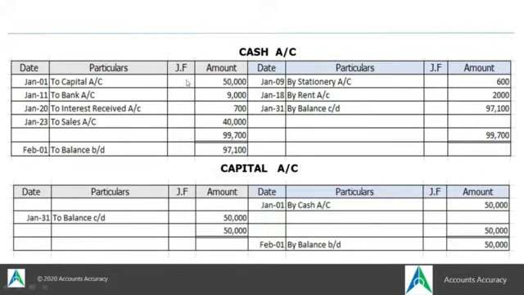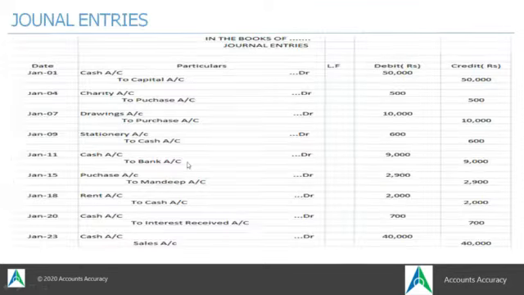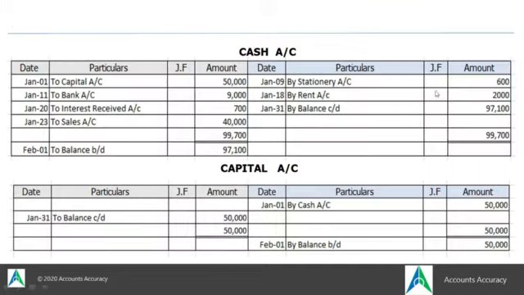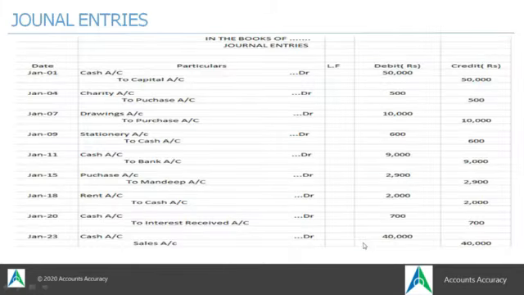All the 'to' entries will be written on the debit side and all the debit entries will be written on the credit side of the ledger, because you can see here cash account you are preparing.